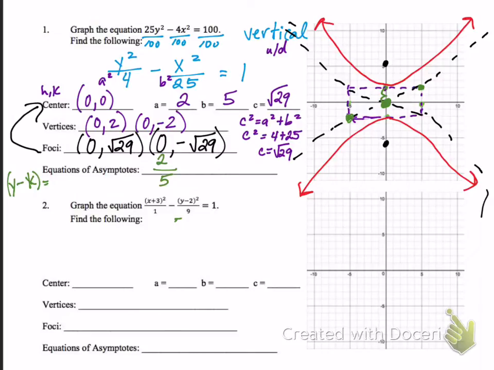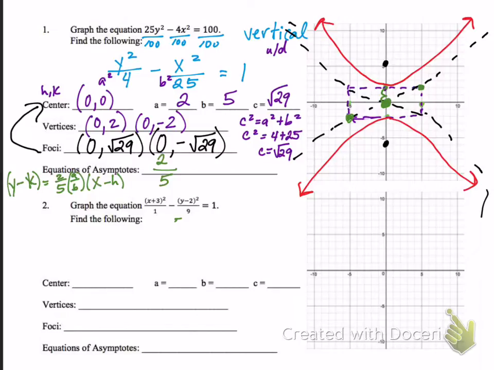I'm not going to give you the equation, so you'll just have to find it. Then you take your slope, which would be 2/5, or in this case, it's a over b, and then x minus h.